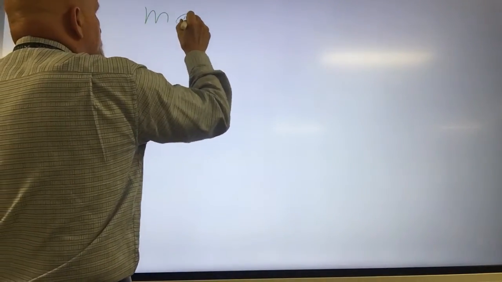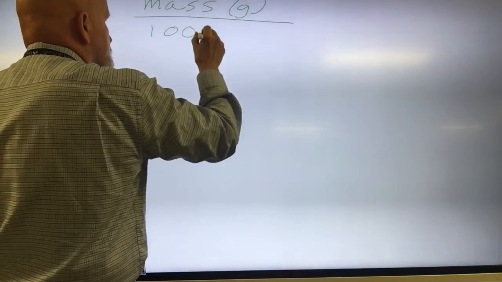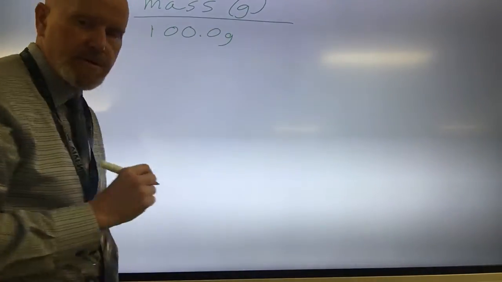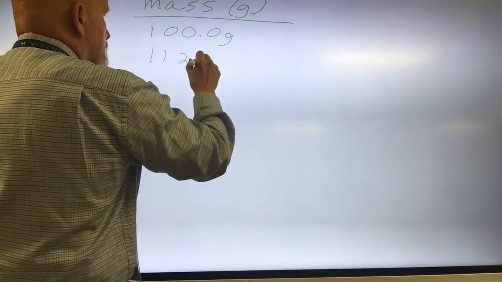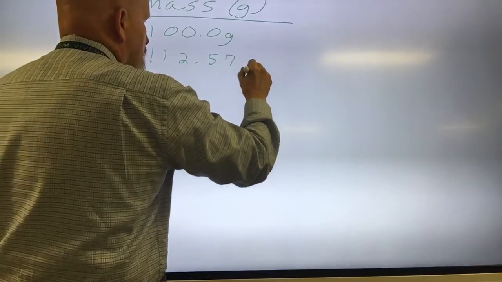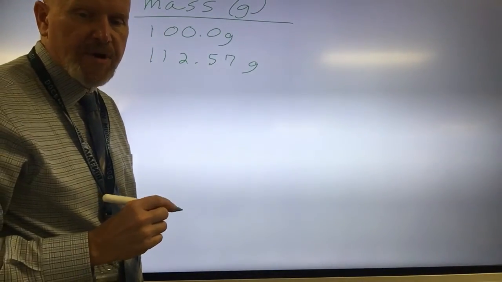So the masses that we have, this is all going to be in grams, are 100.0 grams, 112.57 grams, and 71.286 grams.